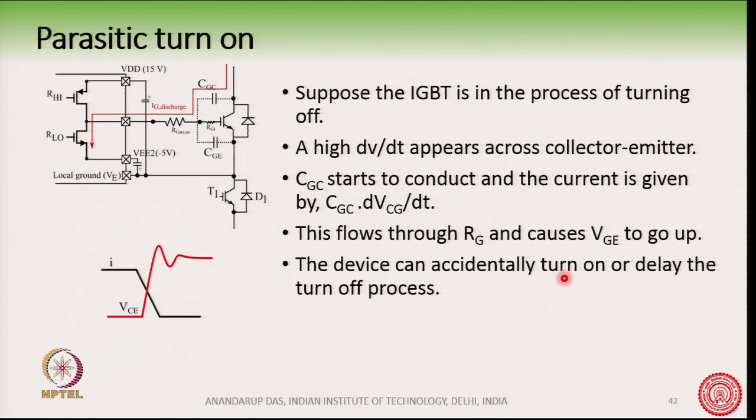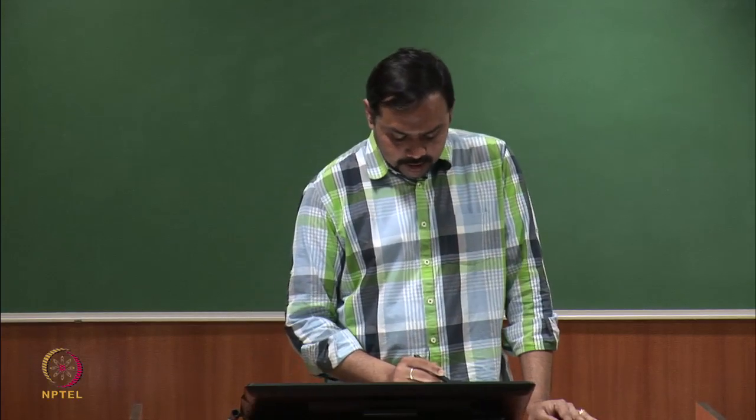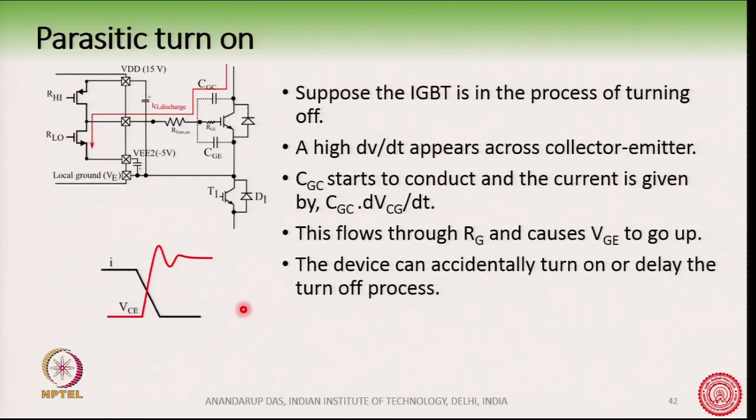So, it can have two impacts: it can delay the turn off process, or it can even accidentally turn on a device which has been almost on the verge of turning off. Okay. So, this is something which is also a very important effect, okay, and has to be taken care of.